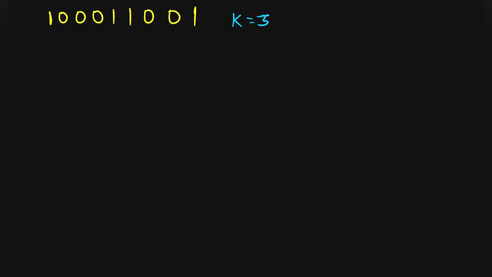So we'll keep one counter, say cnt, initially initialized to 0. This counter will count the number of ones in my substring. So I start traversing the string and come to the first 1. I also take a temporary string called temp, because I need to find the substring that is lexicographically smallest.